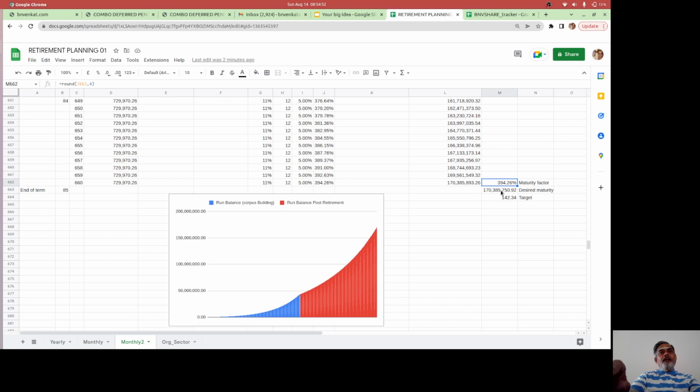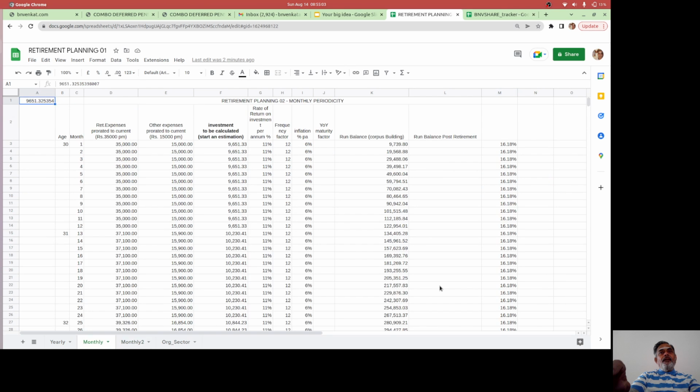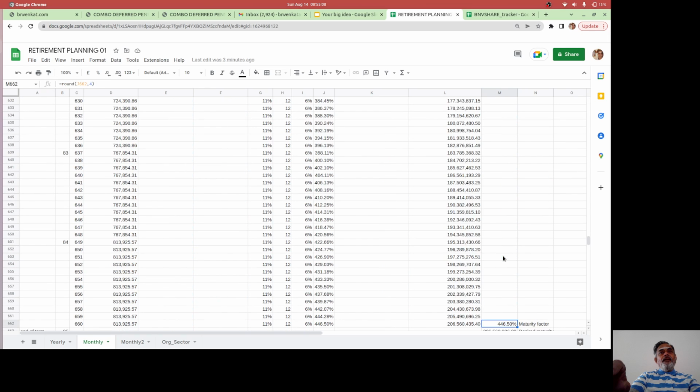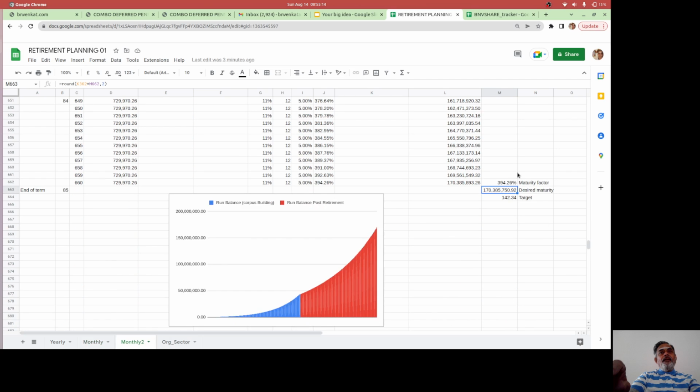Now the desired maturity is not 20 crore, but only 17 crore. In the previous case, it was 20 crore 66 lakhs, just because of the reduced inflation rate.